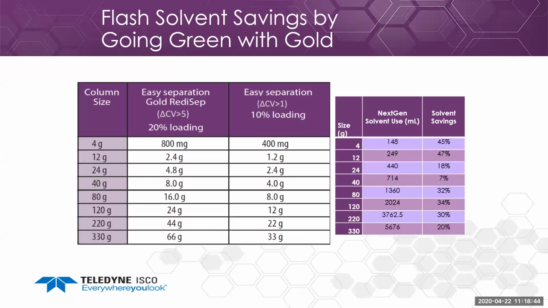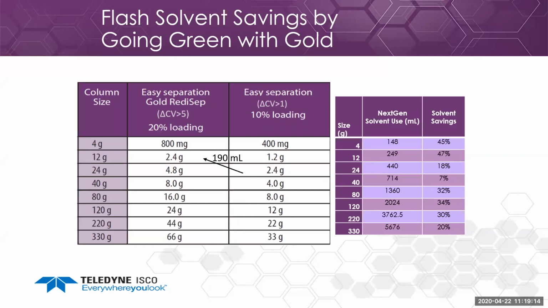So as an illustration of this, if we were using our next gen CombiFlash NextGen 300+ system or 100, just choosing which column I choose can have significant impact on my solvent savings. So if I'm using a regular ReadySep column, I would be in the 10% loading amount for my compound.